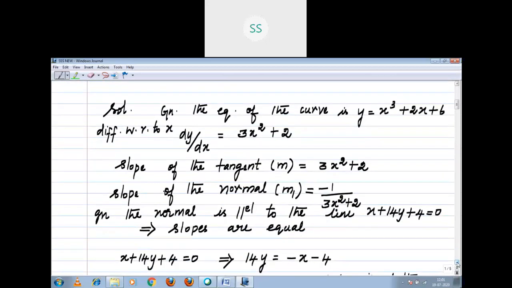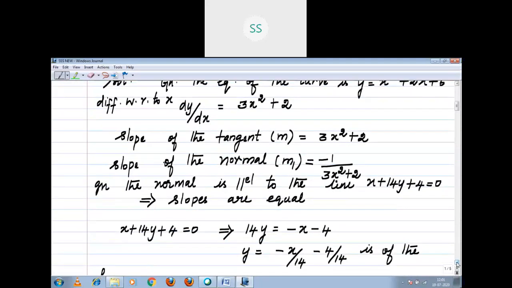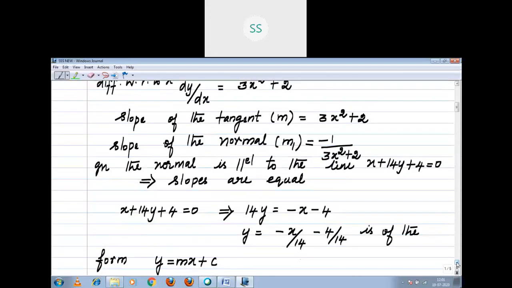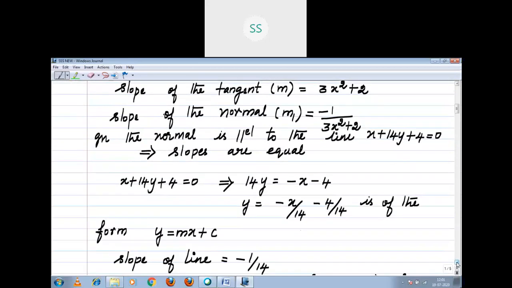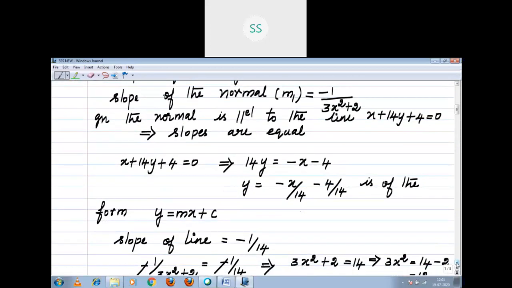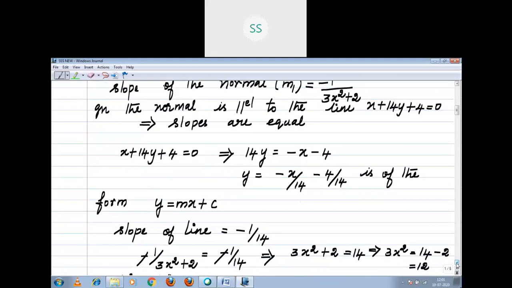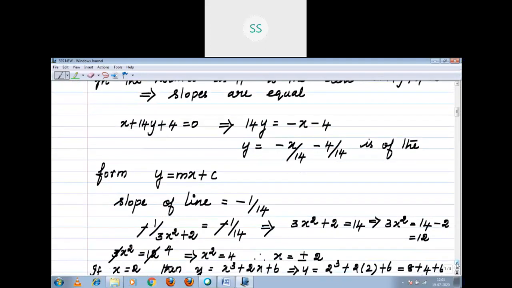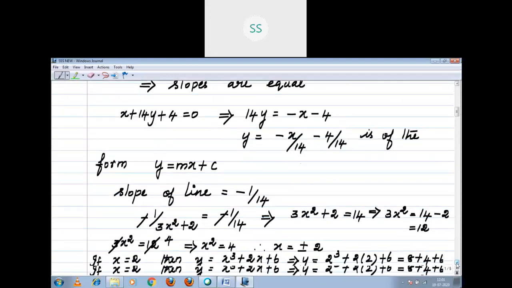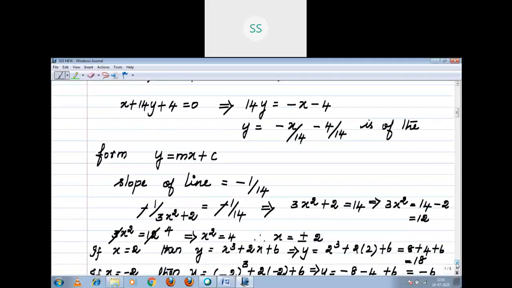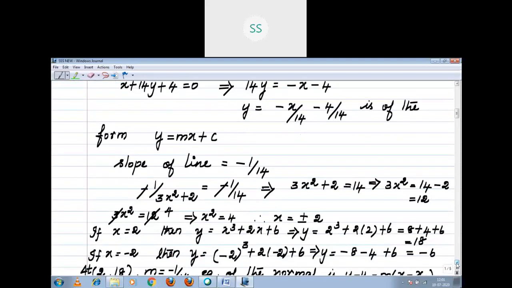Then you modify the equation of the line in the form y equal to mx plus c. Here what is the slope of the line? The coefficient of x. What is your coefficient of x? Minus 1 by 14. Then you equate the slope of the normal and the slope of the line. You arrived at the x value as plus or minus 2. If x is equal to 2, the y value you arrived at is 18. If x is equal to minus 2, the y value is minus 6.